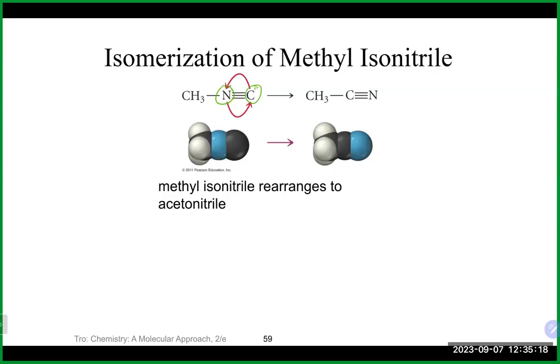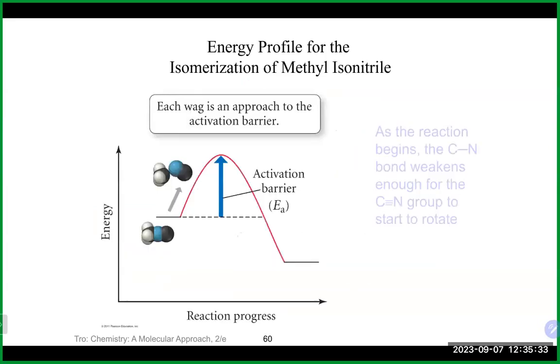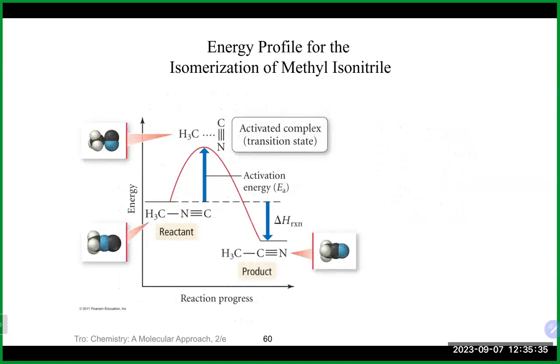As it progresses, it will start to break the bond between the carbon and the nitrogen here, and that will allow it to start to rotate. So as it comes here, it starts to break this bond, starts to rotate, having partially made bonds as it rotates around. And again, it will come back down the hill.